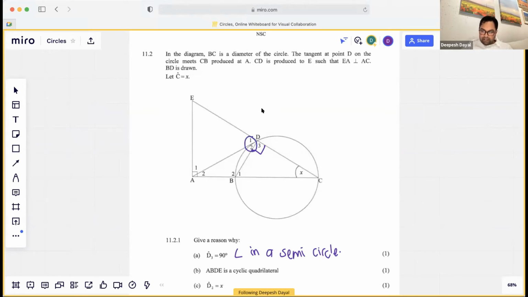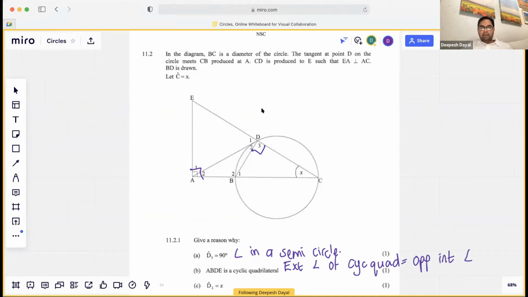Or we can also say exterior angle equals opposite interior angle, because if this is 90, then that's 90, right? Is that fine? So exterior angle of the cyclic quad equals the opposite interior angle.